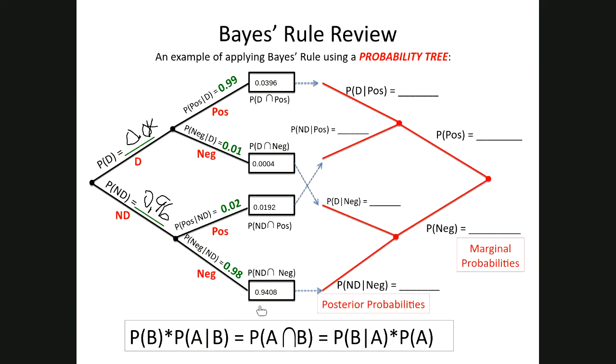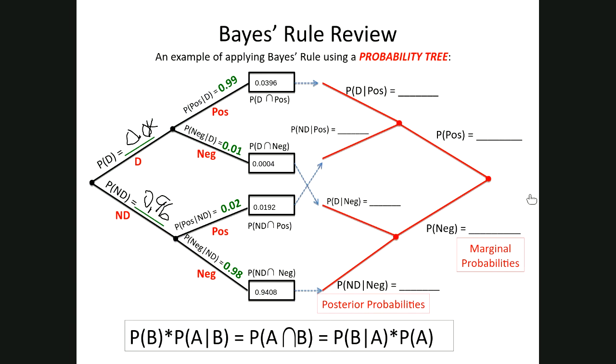And this far side is just a mirror image of this probability tree. But on this side, we're going to calculate marginal probabilities, and instead of this multiplication, but this multiplication is still going to yield our joint probabilities.